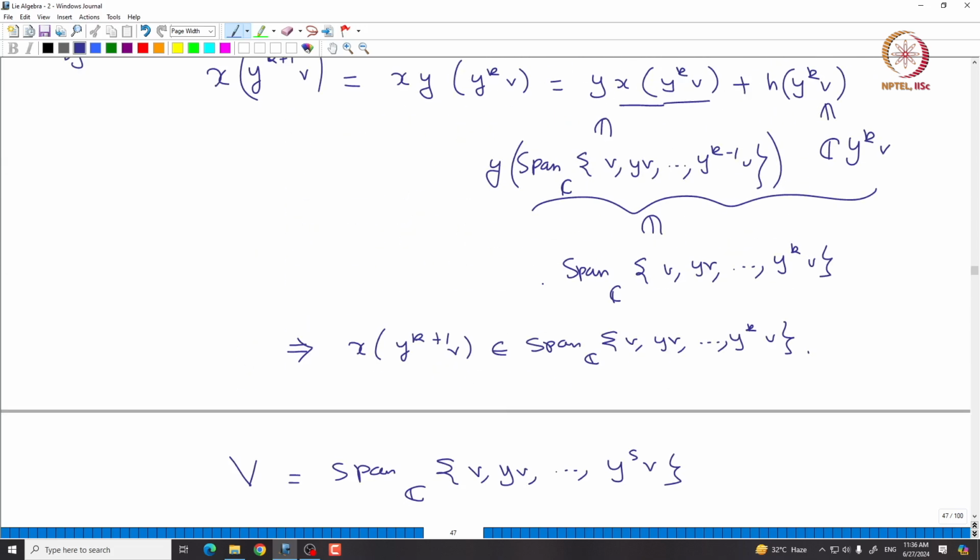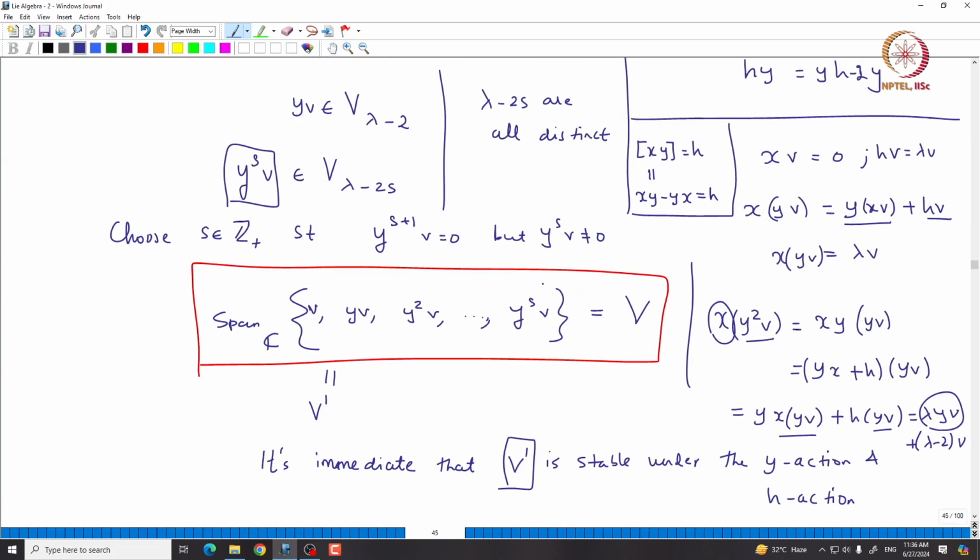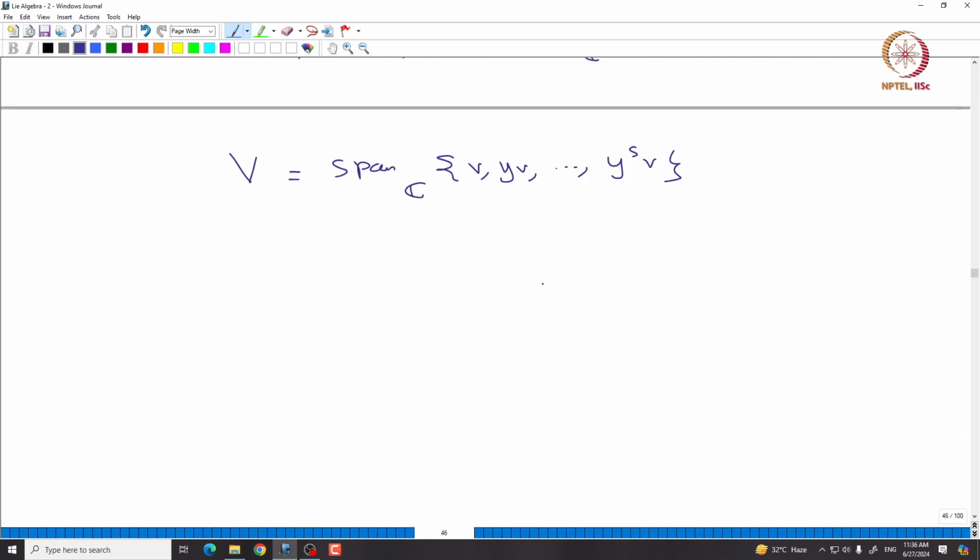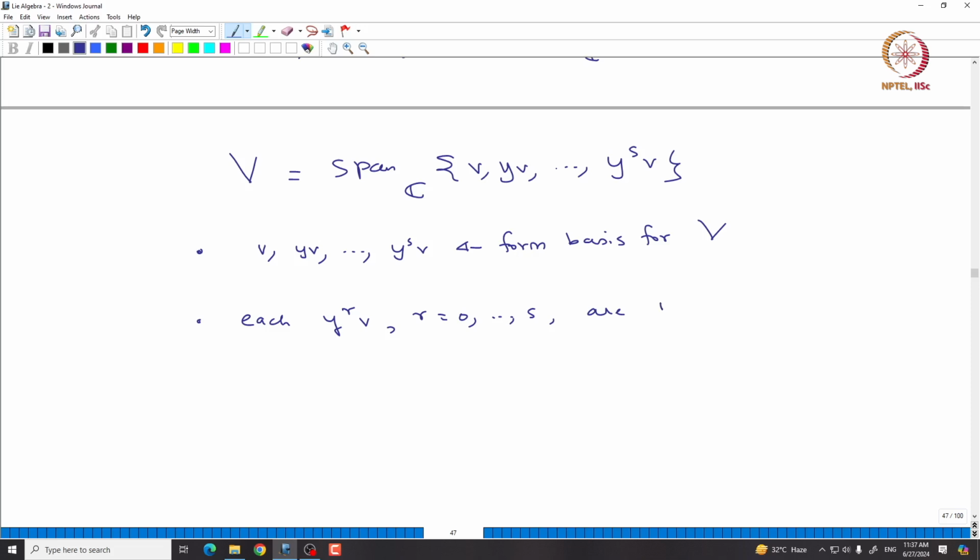Okay. So, I guess we used S. Now, you can see the observation: this v, y v, etc., y power s v form a basis for capital V, and each y power r v, where r is coming from 0 to s, is a weight vector.